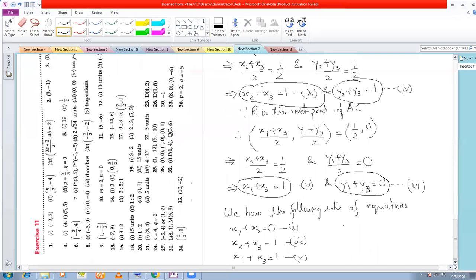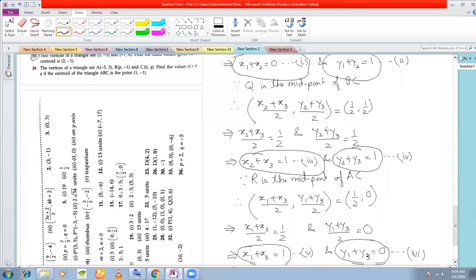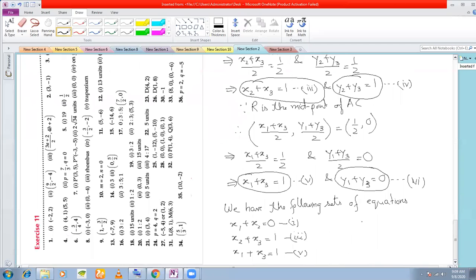Y1 plus y2 is equal to 1, and y2 plus y3 is equal to 1, and then y1 plus y3 is equal to 0. These are equations 2, 4, and 6.